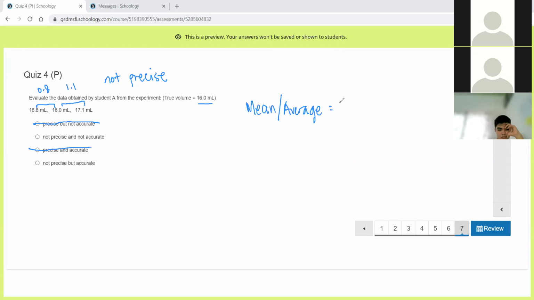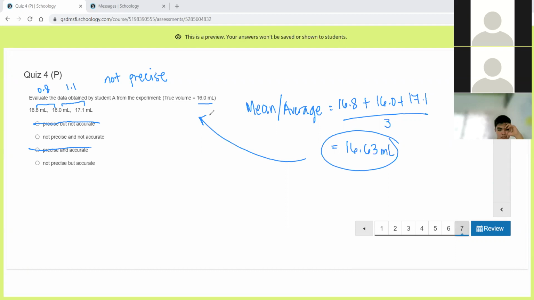I-add nimo na tanan 16.8 plus 16 plus 17.1 and i-divide nimo siya kung pila sila kabuok, 1, 2, 3. So we have 3 scores here, 3 data. So 16.8 plus 16.0 plus 17.1 divided by 3 is 16.63 ml. Now, is this considered accurate? I-check na to. Duol ba na siya sa 16 ml?